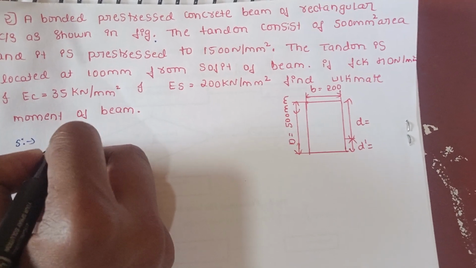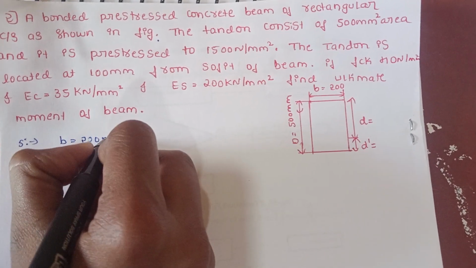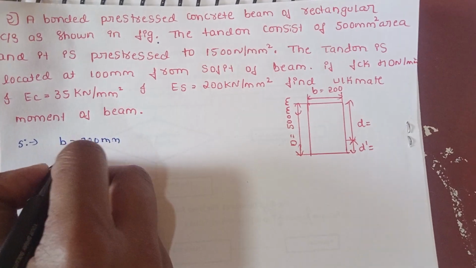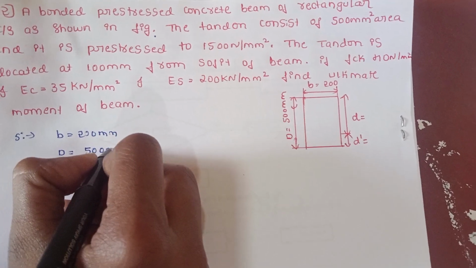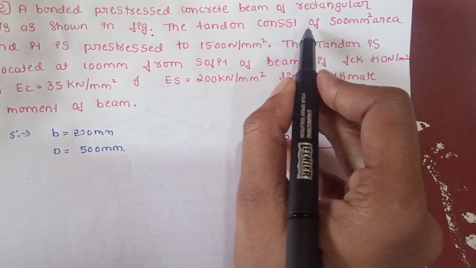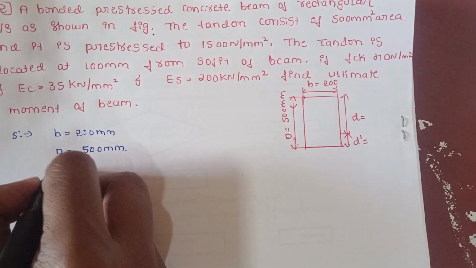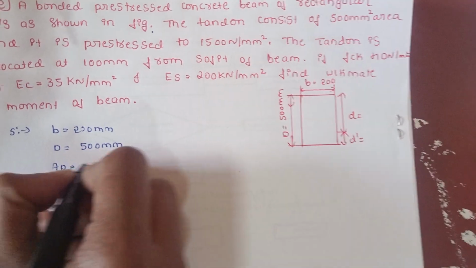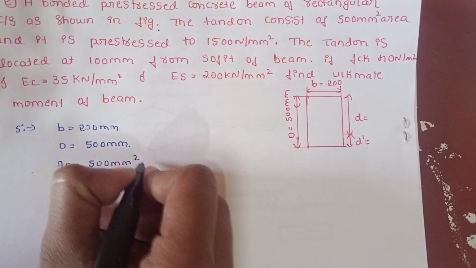Solution: B equal to 200 mm and capital D equal to 500 mm. Next, the tendon consists of 500 mm square area, that is AP equal to 500 mm square.